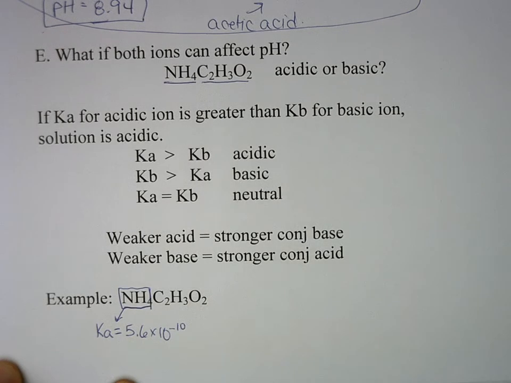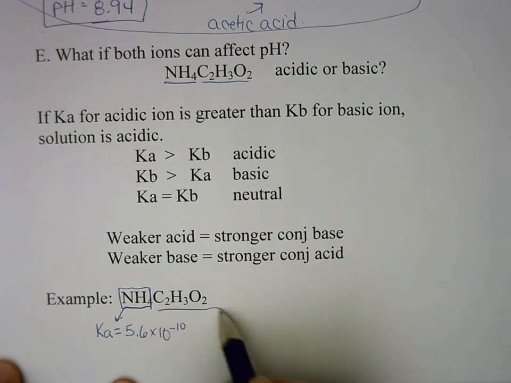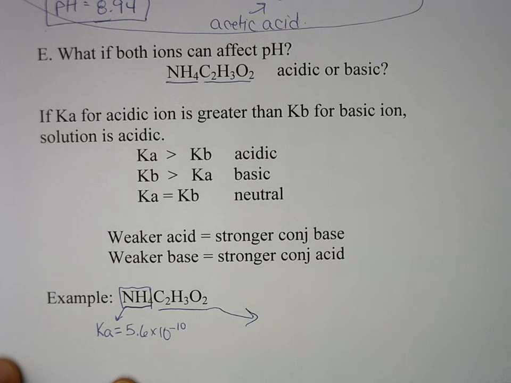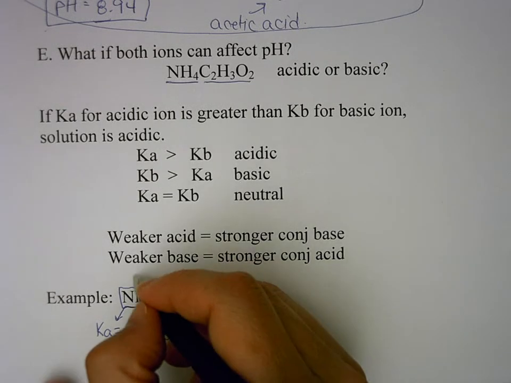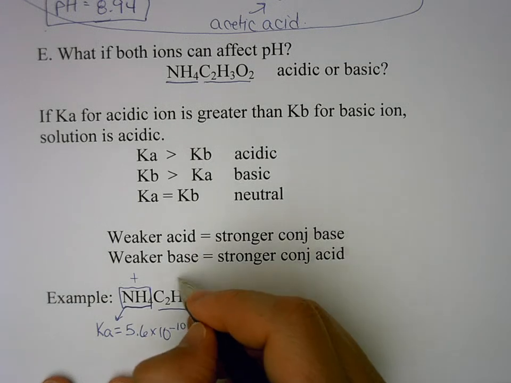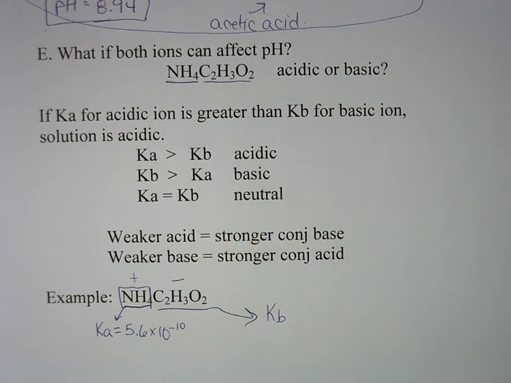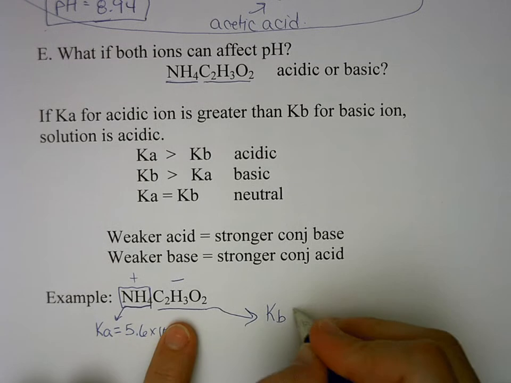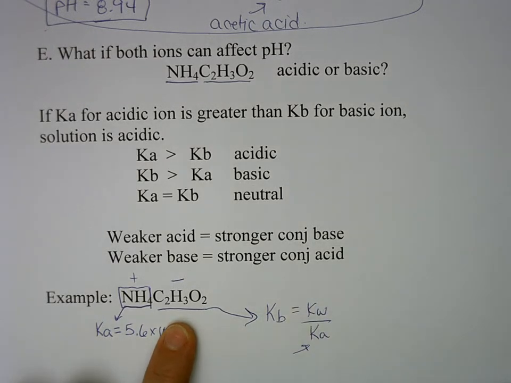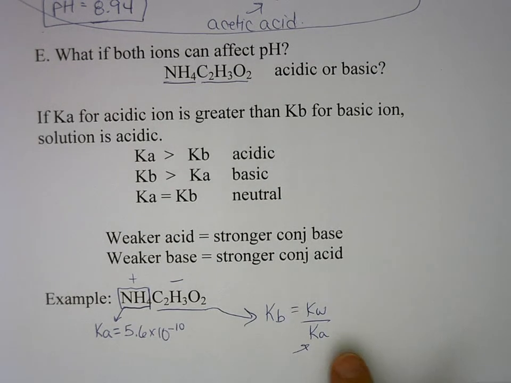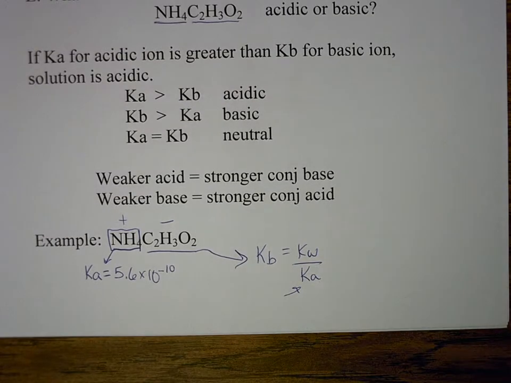For acetate, I can't look that up on any chart. I want to know what the Kb value is. So for the positive end, you want to figure out what the Ka value is. For the negative end, you want to figure out what the Kb value is. If you can't look it up on the chart, you need to solve it. So Kb equals Kw over Ka. I did this in the previous problem. Ka is the constant of whatever its conjugate acid would be.